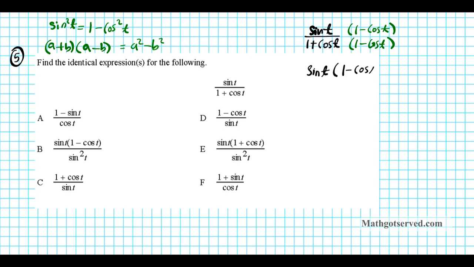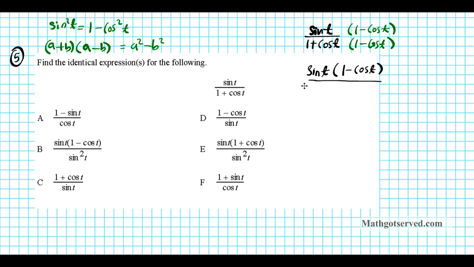And on the bottom, you already know what you're going to have, right? If this is a plus b and a minus b, it's going to be a squared minus b squared, or 1 squared, which is 1, minus cosine squared t. Let me show you the steps so that you can see what I'm talking about.